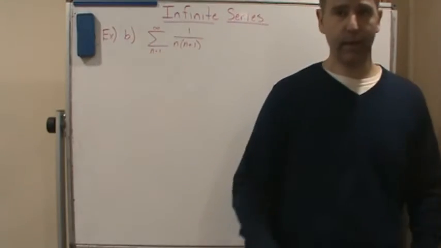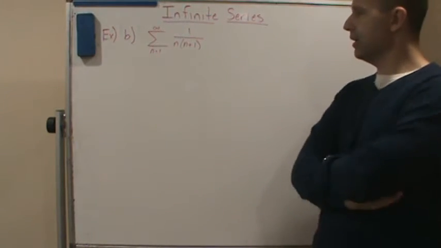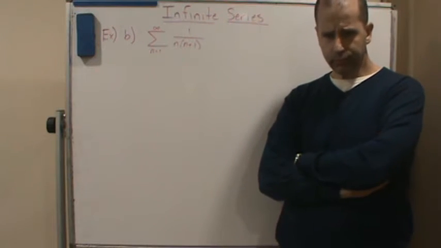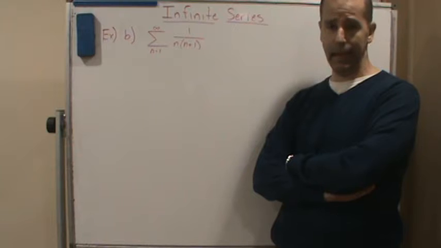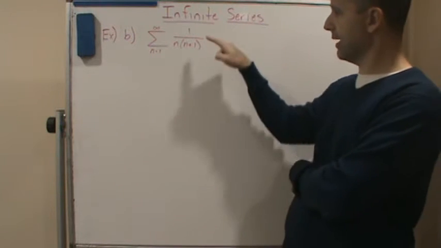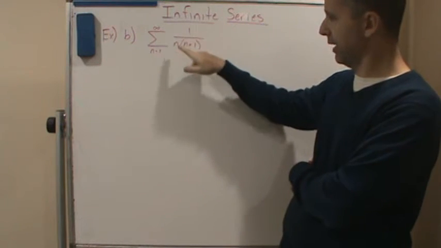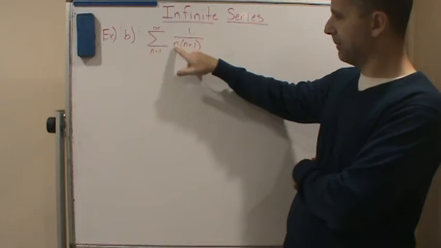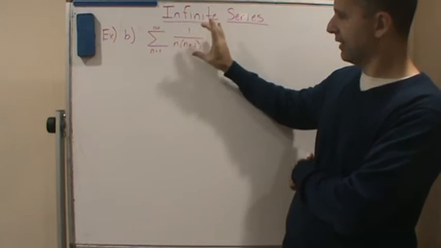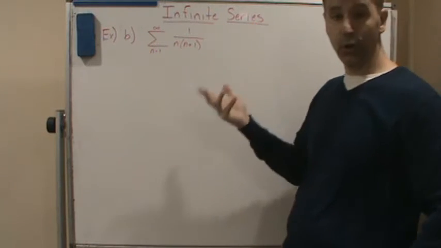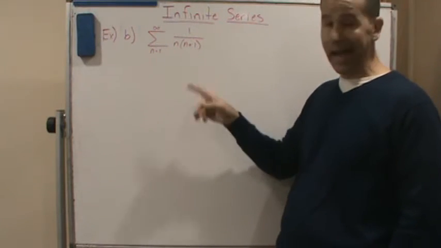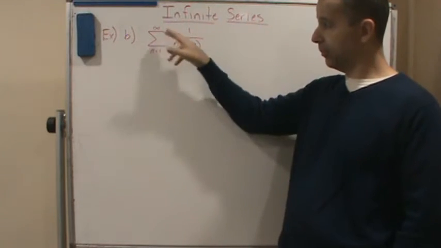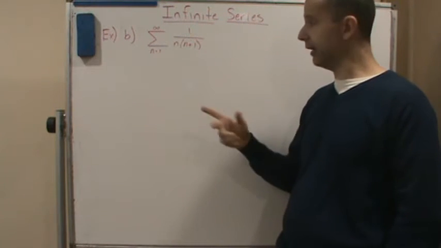Okay, so now let's look at this infinite series here. The first thing I notice, and you might notice too, or maybe not, is that the top number is 1, a constant, and then you've got something that's dependent on n. So it seems like what you're adding is something smaller and smaller as n progresses from 1 to infinity.